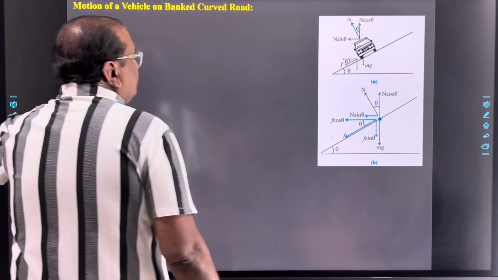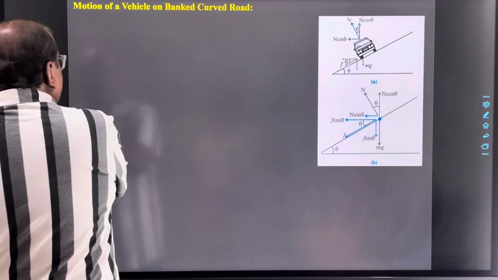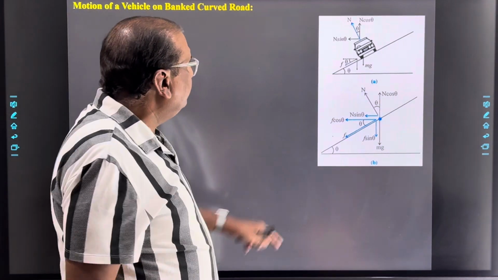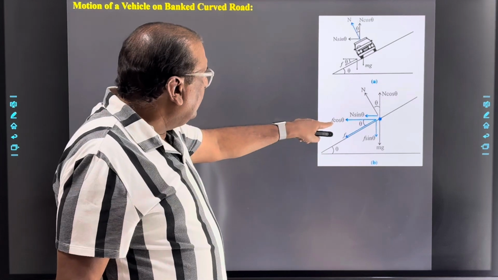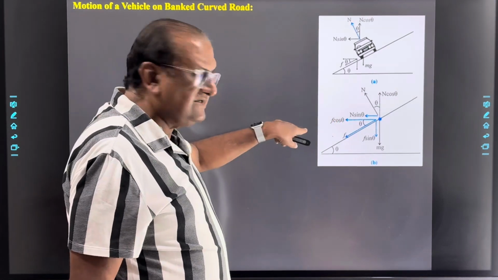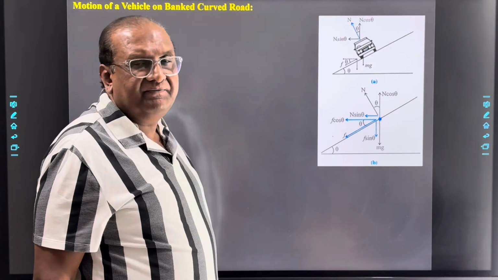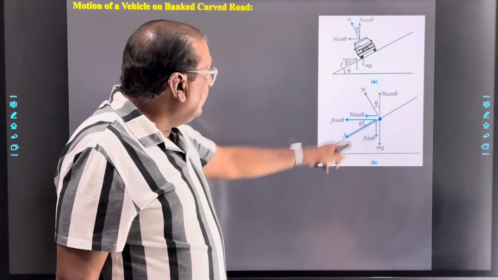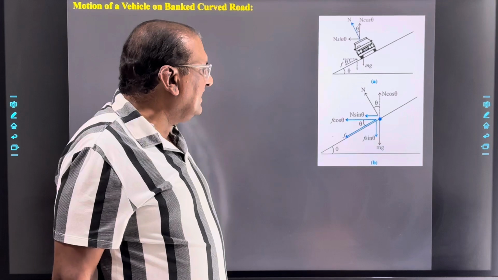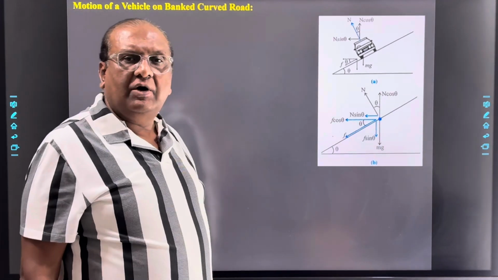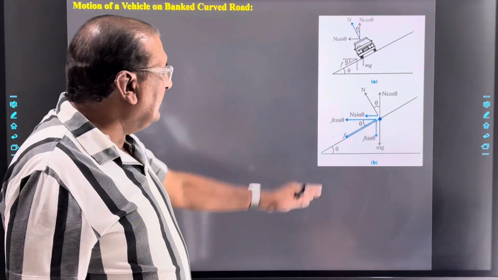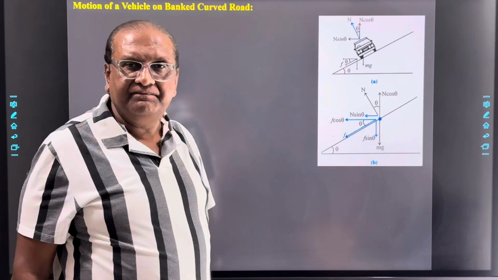So in this particular case, we will have the components of frictional force: F cos theta towards the center and F sin theta vertically downward, right? So in this figure all the forces are represented from the common point, so we can say that is the free body diagram.